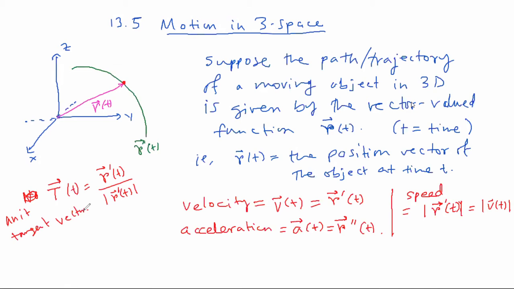So what is the normal vector? The normal vector is perpendicular to the tangent vector, right? So you need the normal vector N of t, which is the derivative of the tangent vector divided by its magnitude.